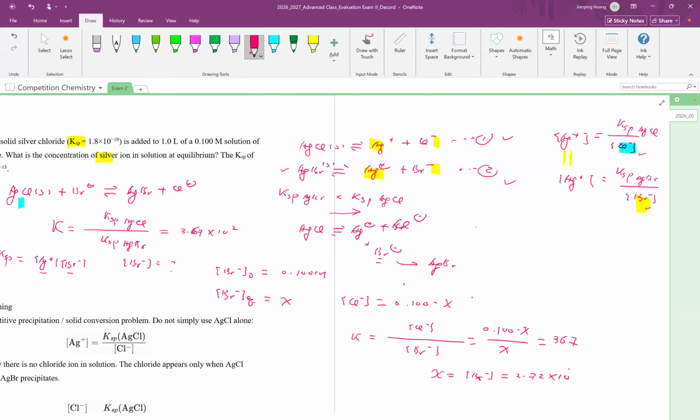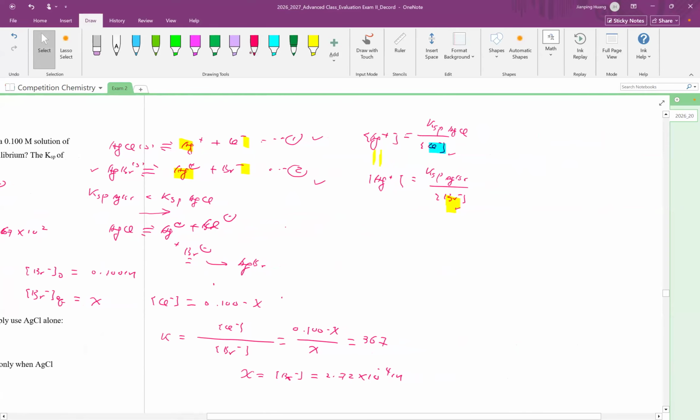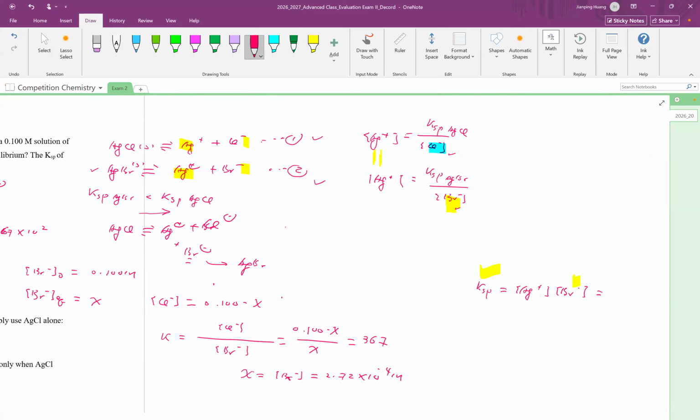As we know that, right here, KSP, silver ion, Br minus. We know this one. Now we know this one. Then you calculate, which equals 1.8 times 10 to the minus 9 molality.